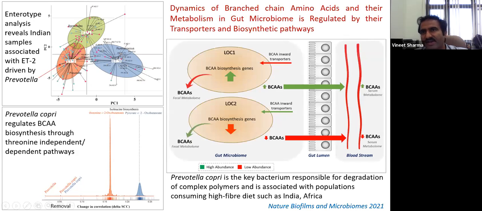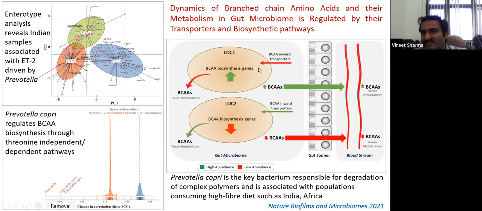Looking at the different locations that we had, we proposed 2 kinds of models, right? One is a situation like in location 1, say northern India. The bacteria mostly have these branched chain amino acid biosynthesis genes, which are predominantly present in Prevotella and other species.